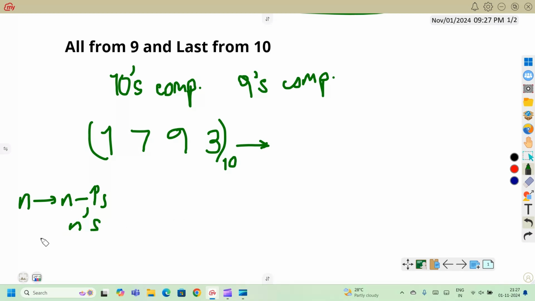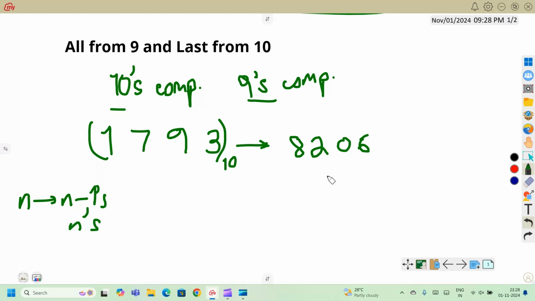Following this rule, for base 10 we have a 9's complement and a 10's complement. If you want to find the 9's complement, you just subtract each digit from 9. So the complement becomes 8206. This is the 9's complement of this number.